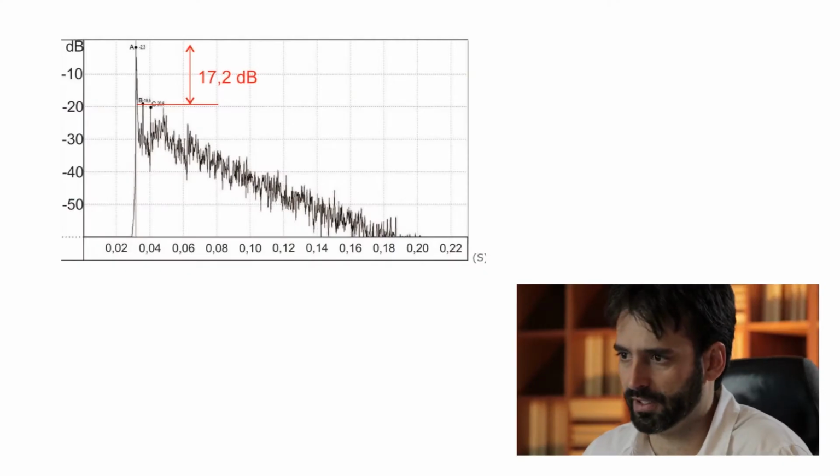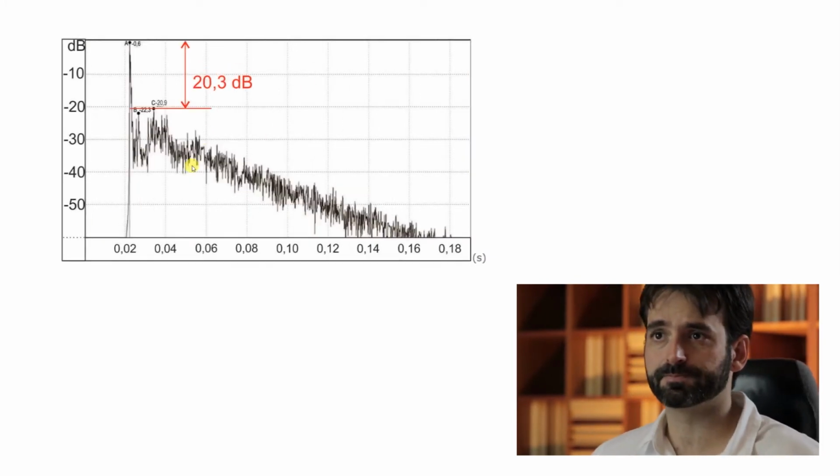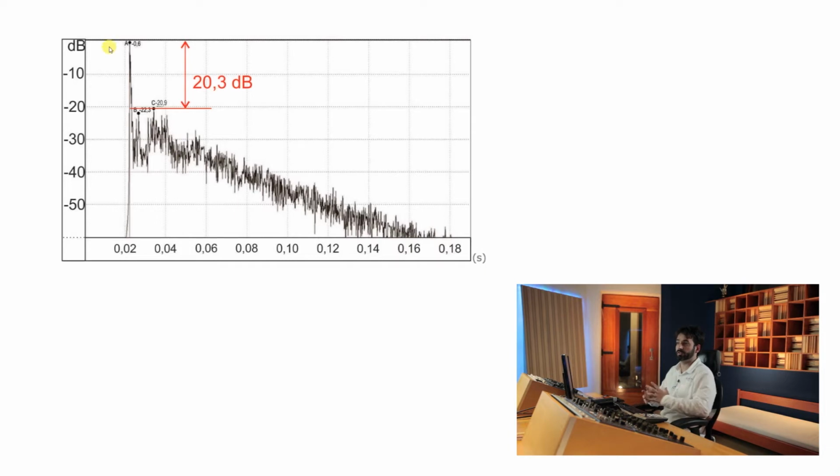The energy time curve of the control room for the left and right monitors is shown in the next two pictures here. Okay, monitor left and here monitor right. Point A corresponds to the direct sound between the speaker and the microphone used for measurement, and points B and C are the highest amplitude reflections.